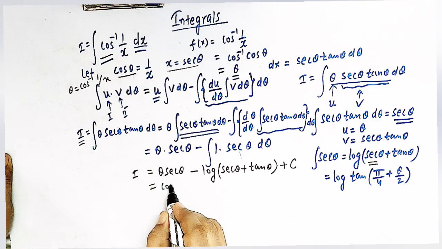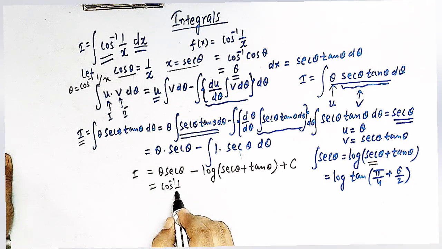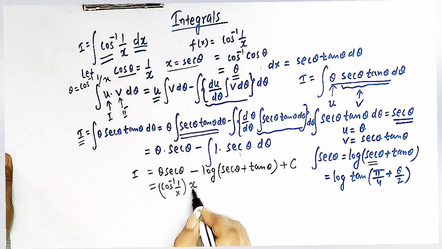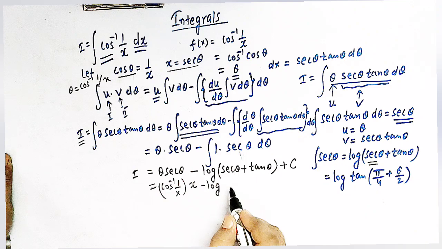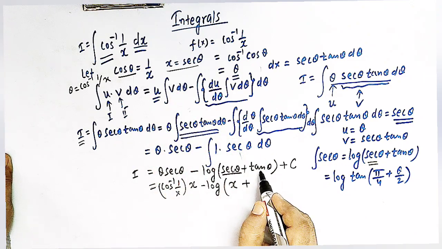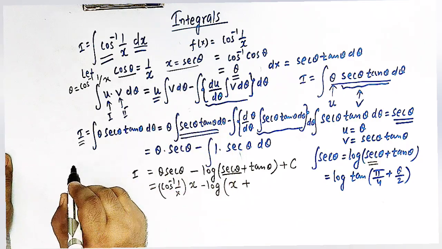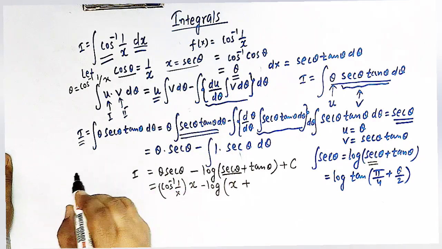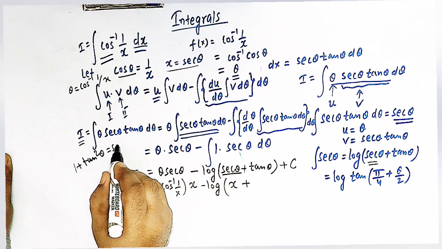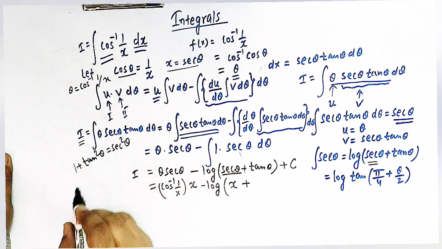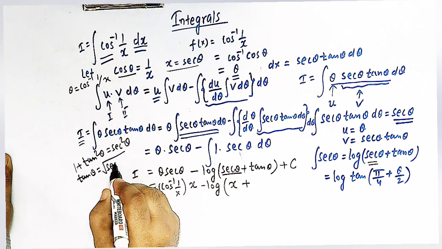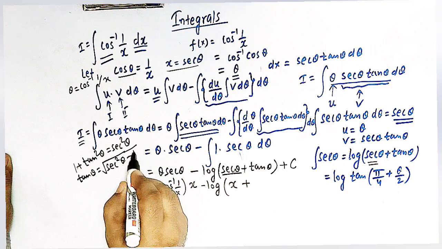So here we have cos inverse of 1 over x, and for secant theta we have simply x, and minus log. For tan theta we can use this standard result from trigonometry, that is 1 plus tan square theta is equal to secant square theta. So tan theta is equal to square root of secant square theta minus 1.